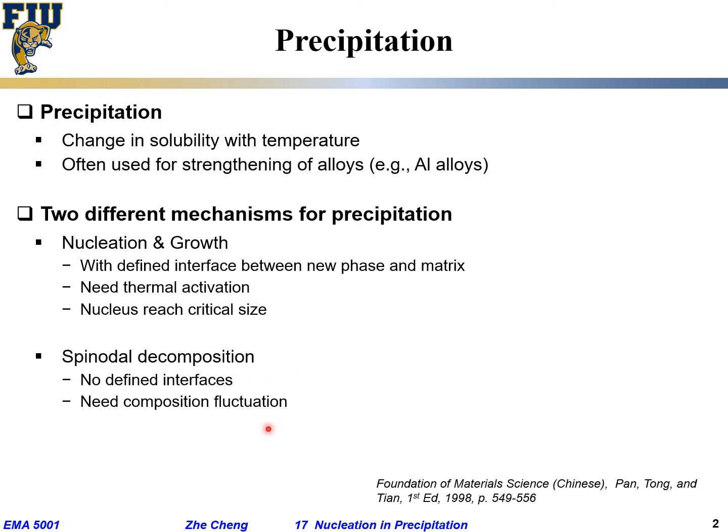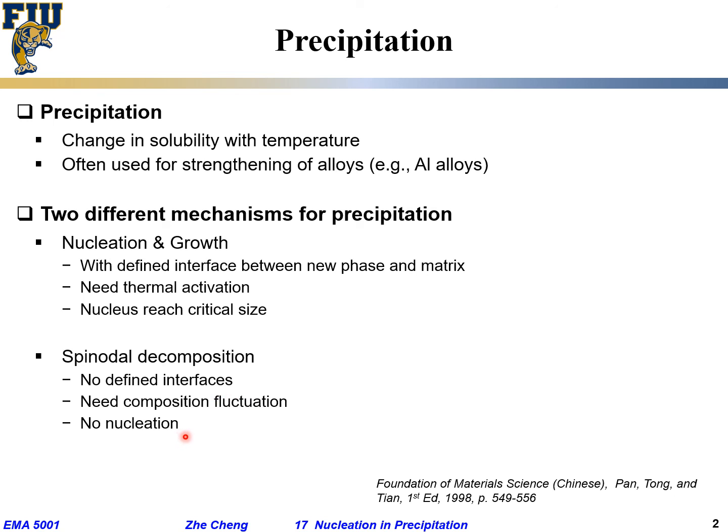In order for this process to happen, we just need composition fluctuation, and there is no need for thermal activation because it's always a downhill process. There's not much of a barrier involved. And there's no big nucleation because there's no defined interface.